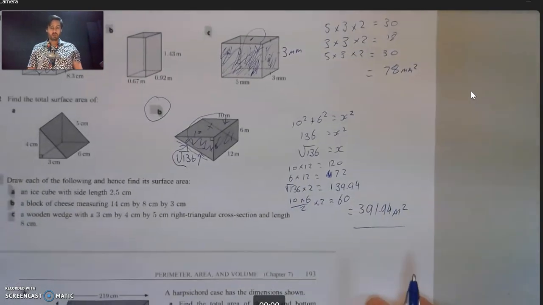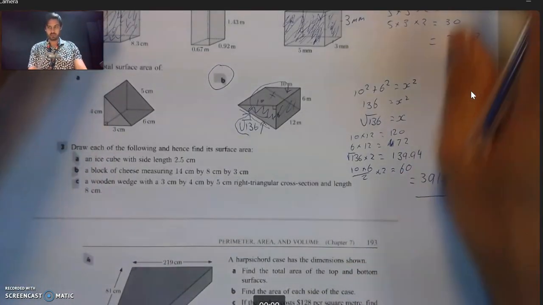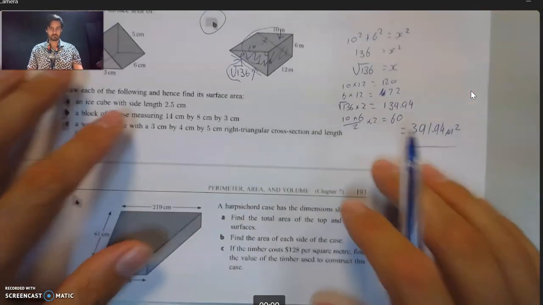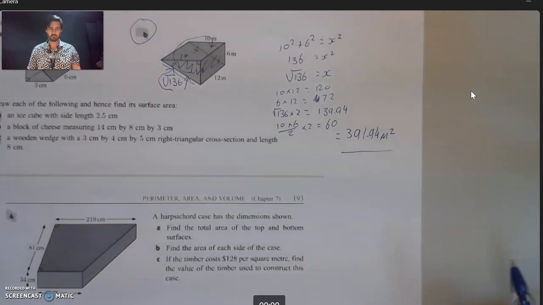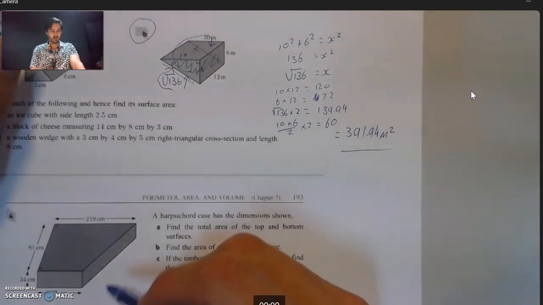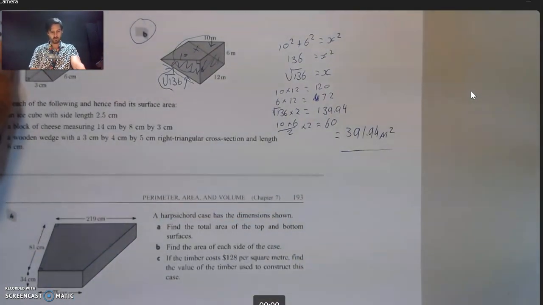The last one I wanted to go through is just going to be this one here. Now, I'm not going to go through the whole thing, but what I did want to do was just highlight the problem-solving aspect of this, because a few of you, like I said, did get stuck with this one. And I think it's because we see this shape and we go, oh, I don't have a formula to find the area of that shape.